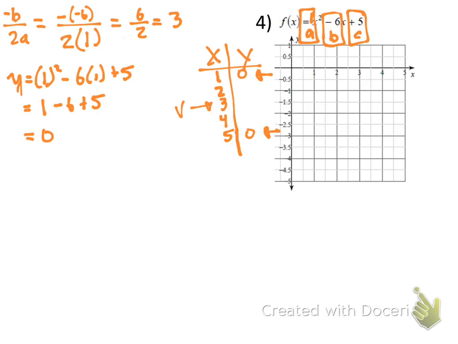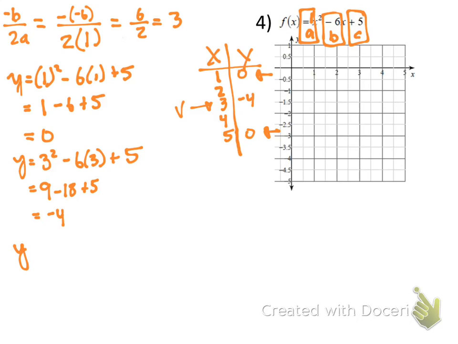What happens when I put in the vertex? Y is equal to 3 squared minus 6 times 3 plus 5. Okay, simplify. We got 9 minus 18 plus 5. 9 minus 18 is negative 9. Negative 9 plus 5 is negative 4. So our vertex is going to be a 3, negative 4. Okay, plug in 2 now. Running out of space here.